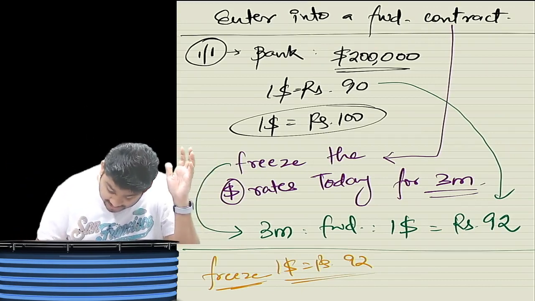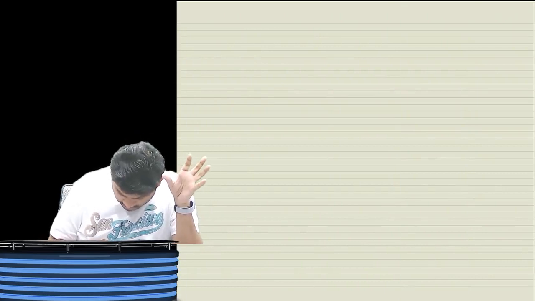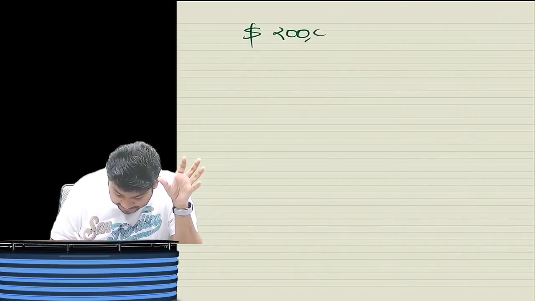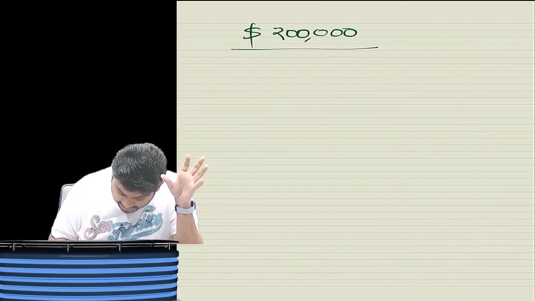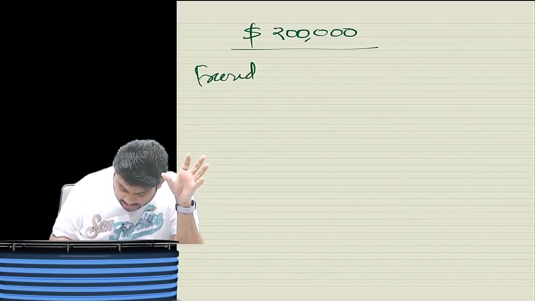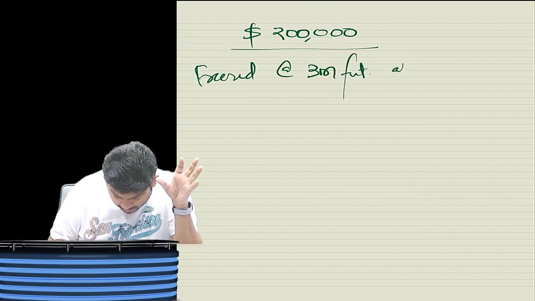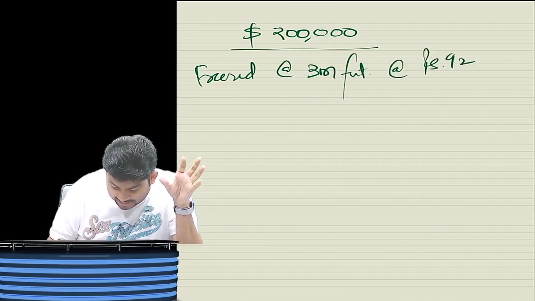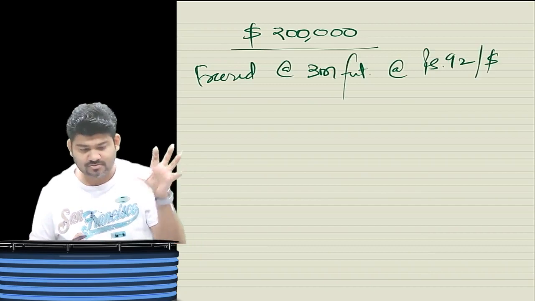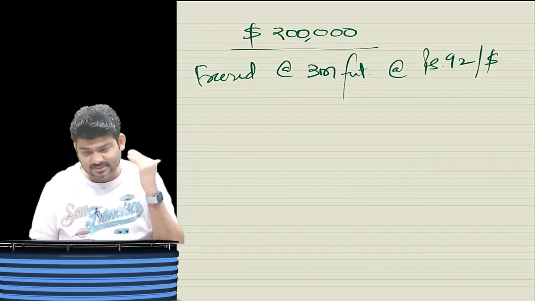Now what will happen? Dollar 2 lakh freezed at 3 months future at rupees 92 per dollar. Freezed, freezed, freezed. Everybody, yes?